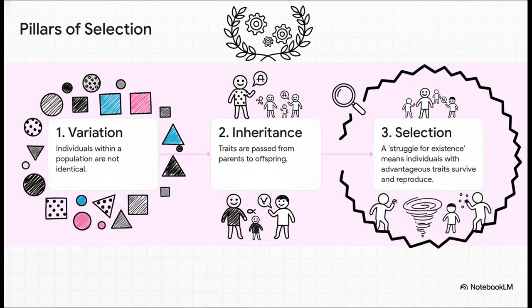Darwin's whole mechanism is actually beautiful in its simplicity. It really just rests on three pillars. First, variation. Just look around. Individuals in any population are not all identical. Second, inheritance. Those little variations can be passed down from parents to their kids. And third, selection. There's a struggle for existence, which means individuals with traits that give them an edge are more likely to survive and have kids of their own.